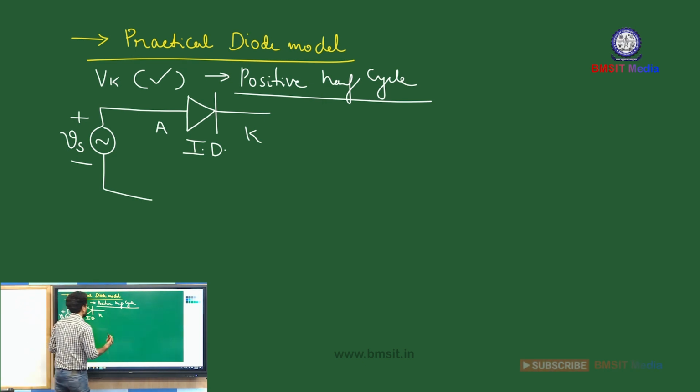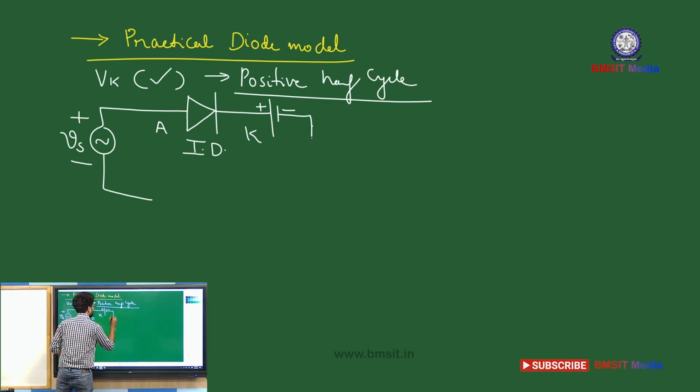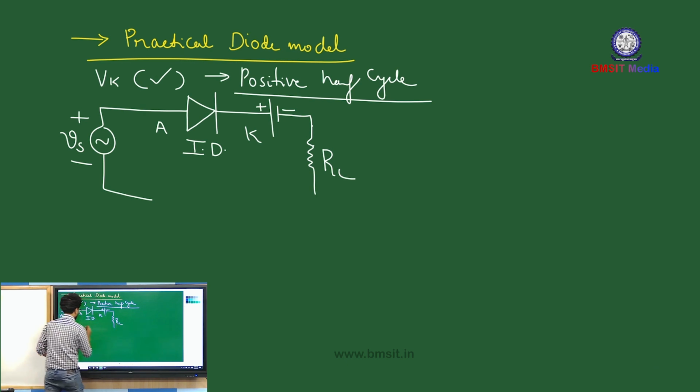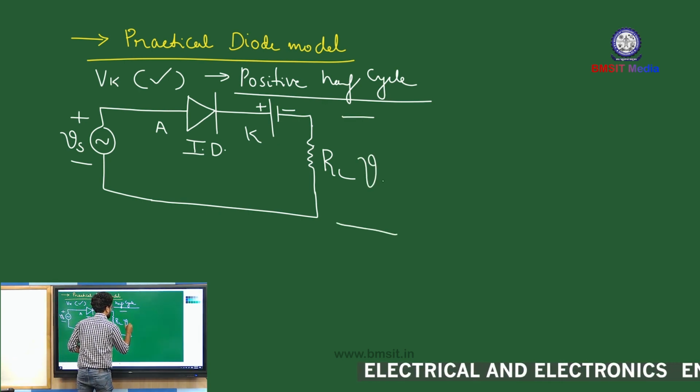You have to place the barrier potential in such a way that it always opposes the diode conduction. That means the positive terminal of Vk needs to be connected to the cathode terminal, and the negative terminal can be connected to the load resistor. Across RL we are going to measure the output voltage V0.